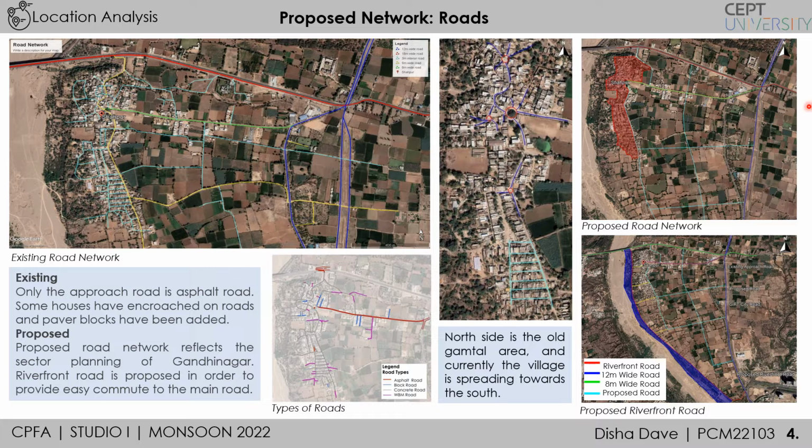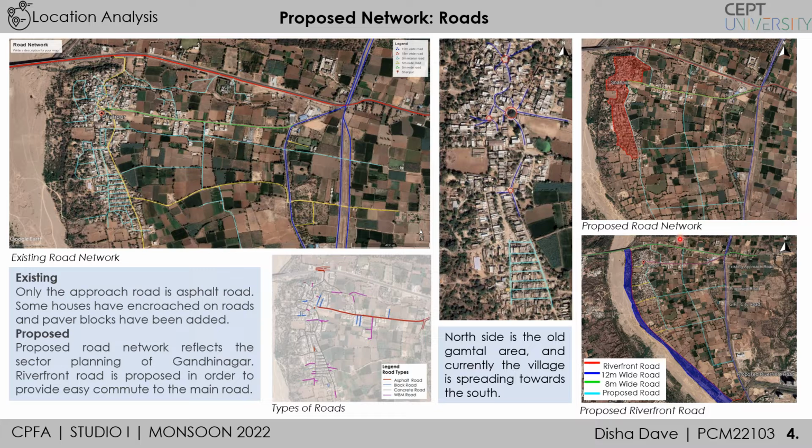As a part of identifying and proposing a network for road, two types of options are done. In the option one, the sector planning is done, which helps us to organize the plot arrangement.